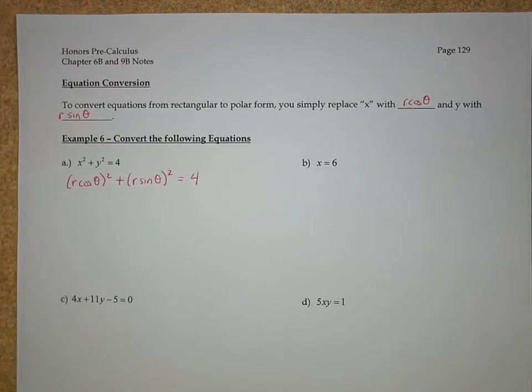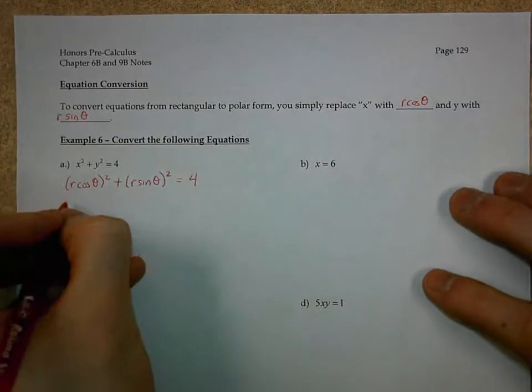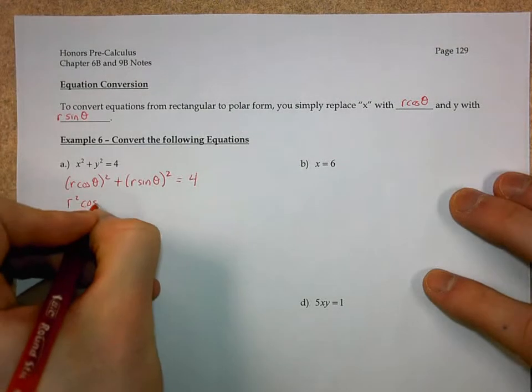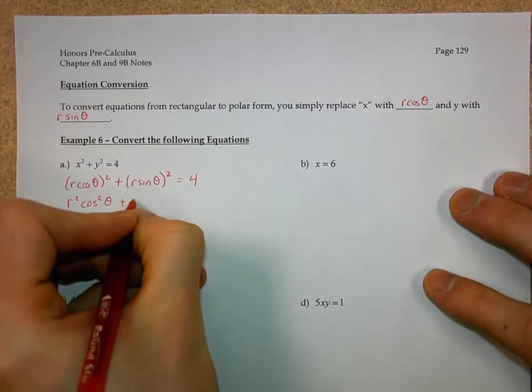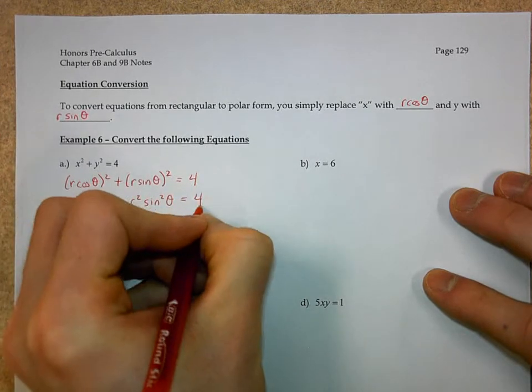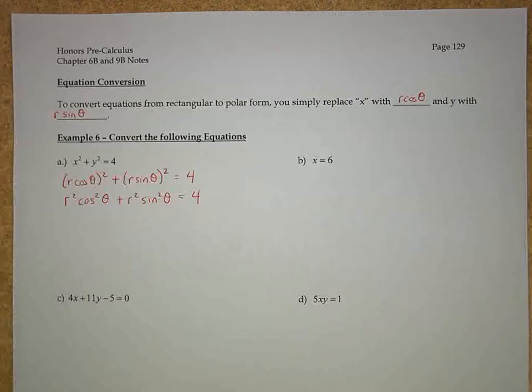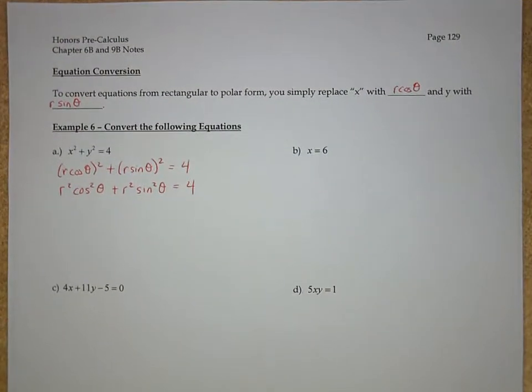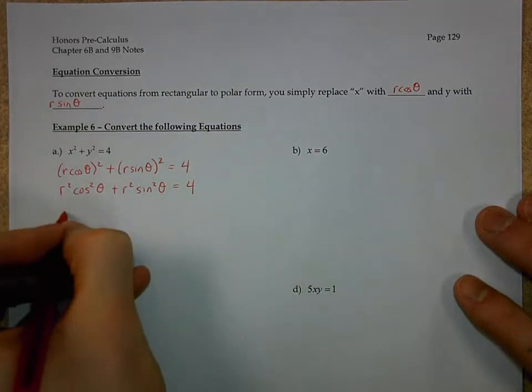So now if we're squaring a quantity, that means each piece inside the quantity is squared. So r squared cosine squared of theta, and then r squared sine squared of theta is equal to 4. And when I look at that on the left-hand side, I can factor out an r squared.